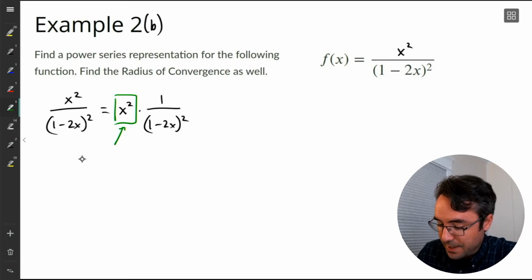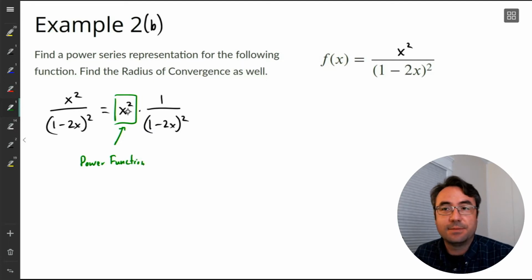So this is already a power function with positive integer exponent. That's the ultimate goal here, is we want to represent our function with essentially the sum of power functions. So x squared, that's already a power function with positive integer exponent. So this is really good.